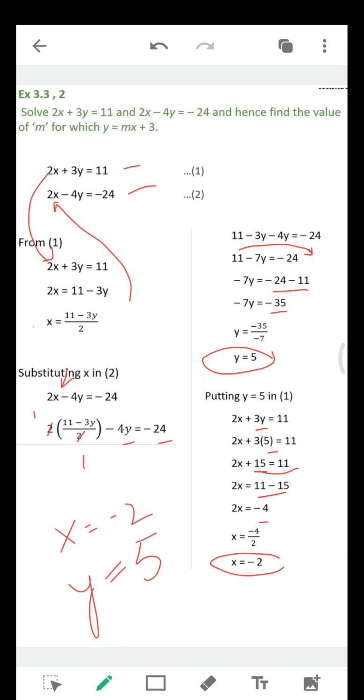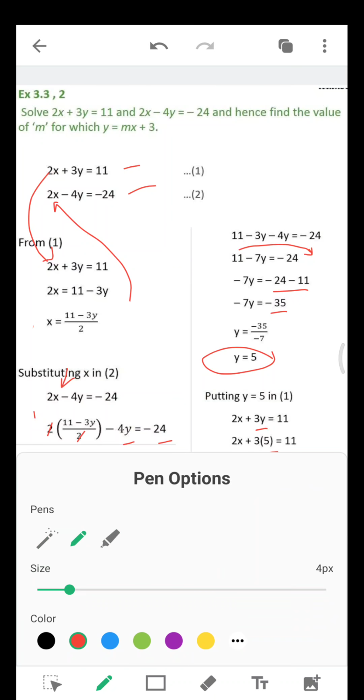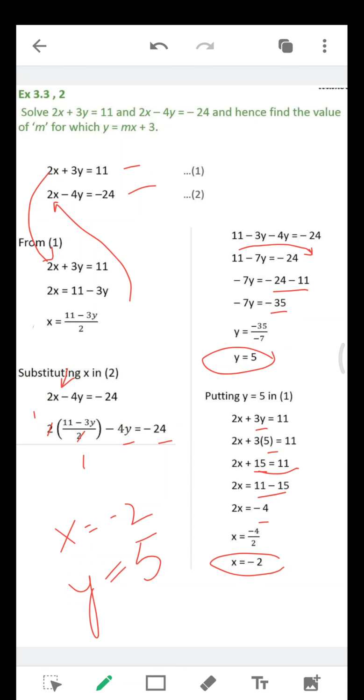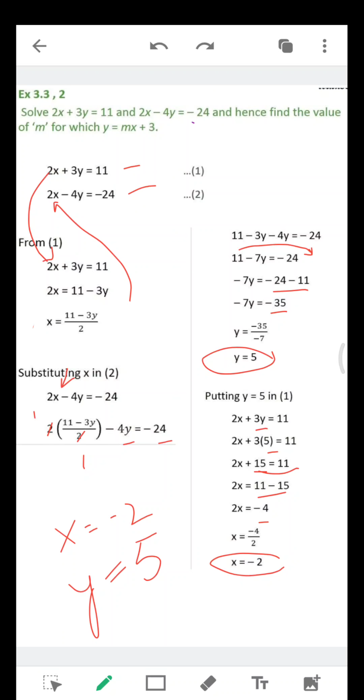These two values I'll put in the equation y equals mx plus 3. Can you see this? It asks you to find the value of m. So we'll put these values of x and y in y equals mx plus 3.